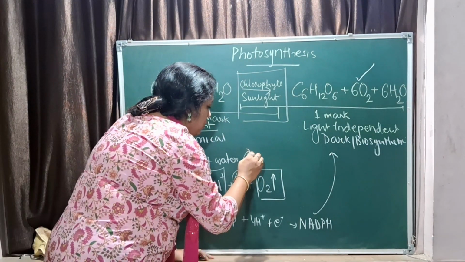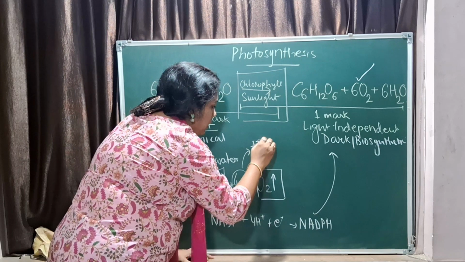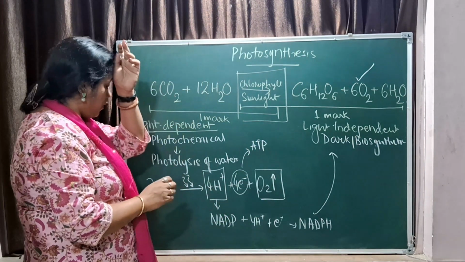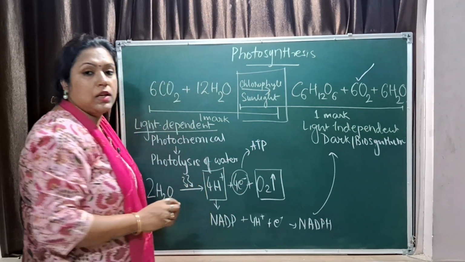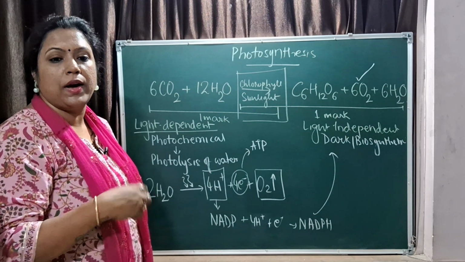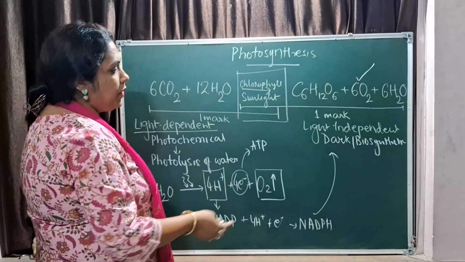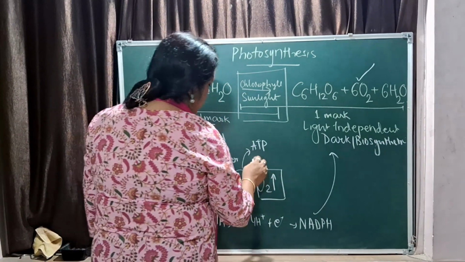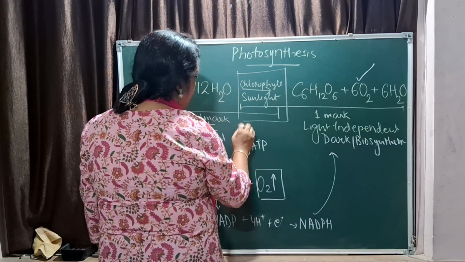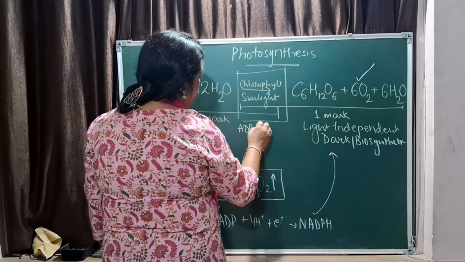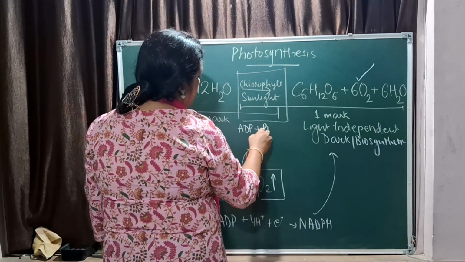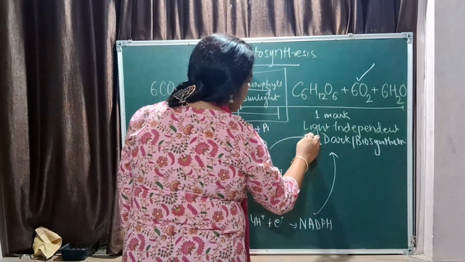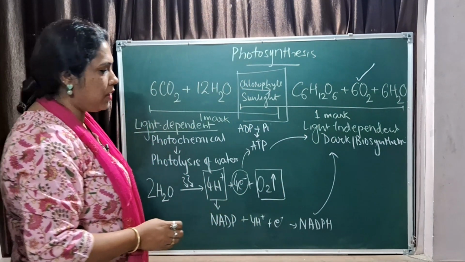Similarly, the electron also helps in formation of ATP. Now this ATP is required for the biosynthetic pathway, okay. So how is ATP formed? It is formed from ADP plus Pi, which forms ATP. This ATP is also used in the dark reaction.